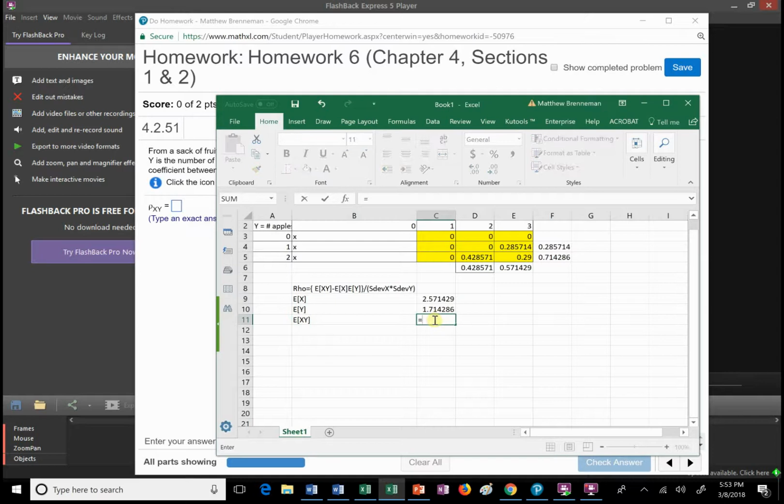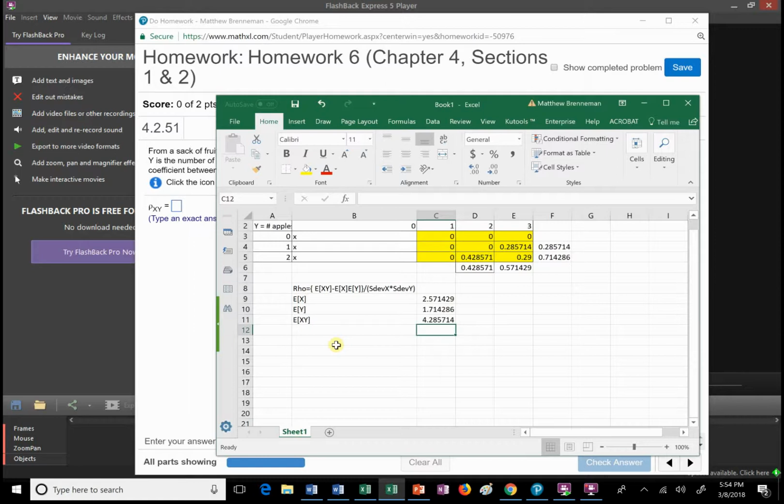What it is, I'm just going to go ahead and just take the PMF times x times y, and just do this for each value, right? Actually, it's this one right here, plus PMF times the value of x times the value of y, plus this times 3 times 2. Okay? And that gives me the expected value of xy.